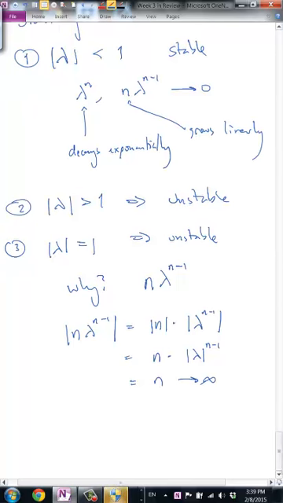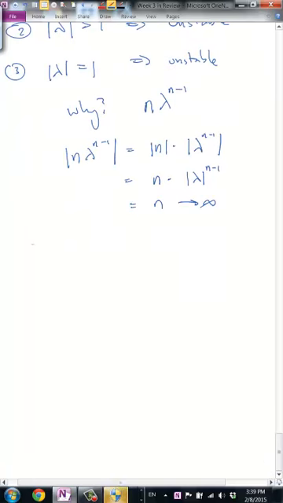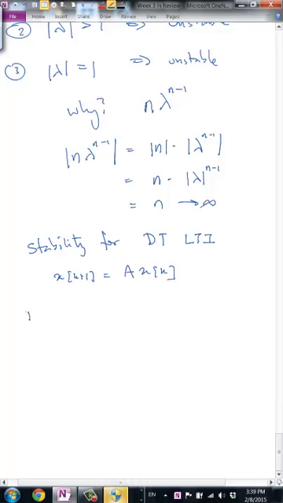And so finally we concluded by giving the stability rules for discrete time, linear time-invariant systems, x of k plus 1 is equal to A x of k. We had that it's stable if the magnitude of every eigenvalue is less than 1.